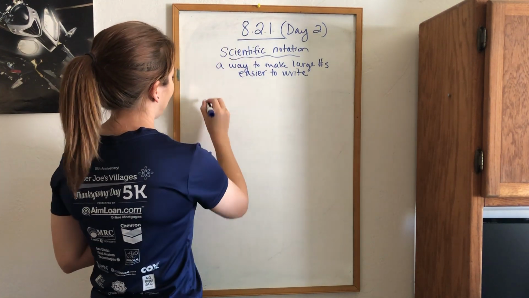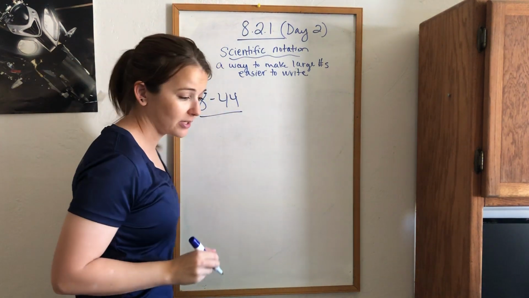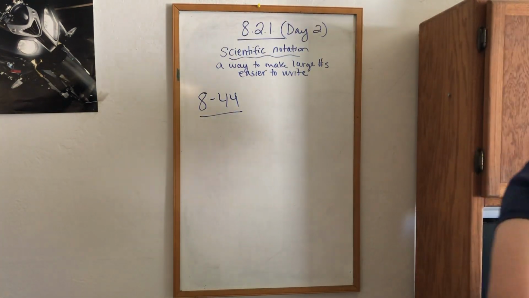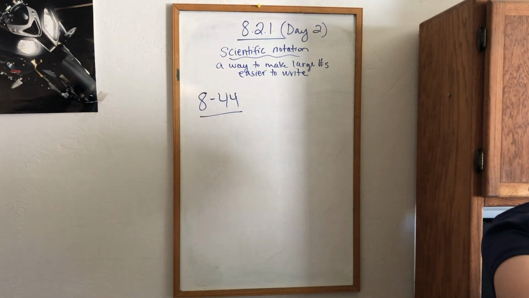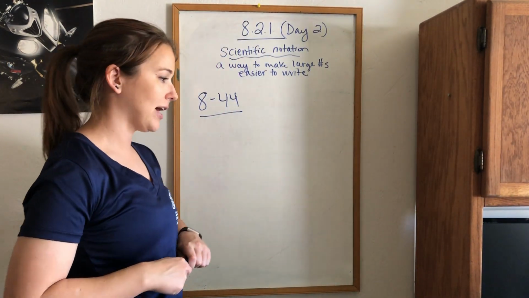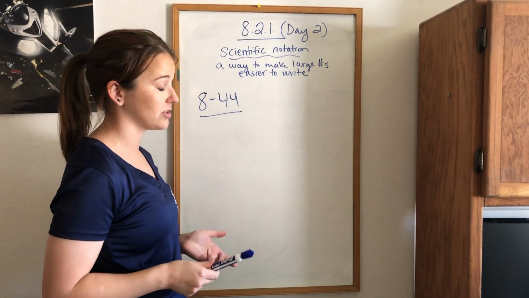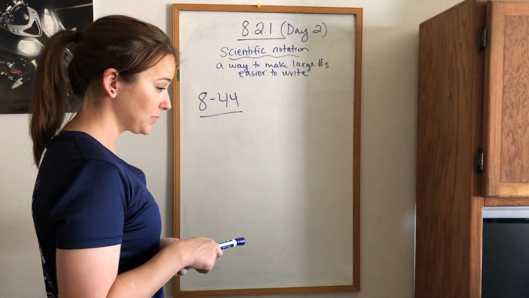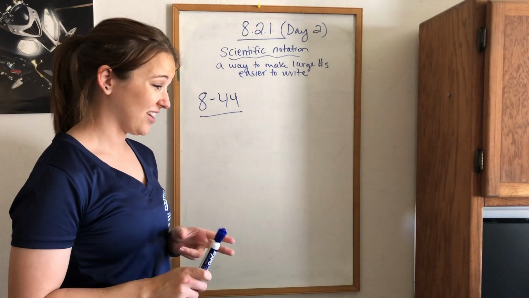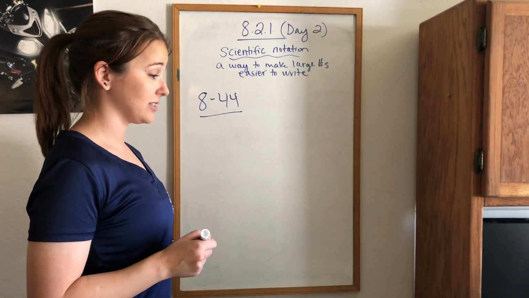Last problem, we're talking about planets, because when we're talking about space, we're usually talking about things that are really big and far away. It says, scientific notation makes large numbers easier to write. It also provides you with quick information about the sizes of the numbers. For example, Pluto and Haumea are both dwarf planets.